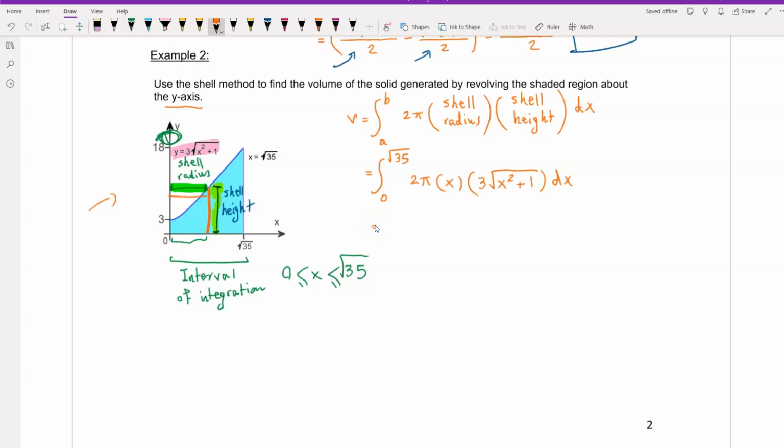Now this is equal to 2 pi times 3, that part is constant, so moving this outside of the integral, 2 pi times 3 is 6 pi times the integral from 0 to square root of 35 of x times the square root of x squared plus 1 times dx.